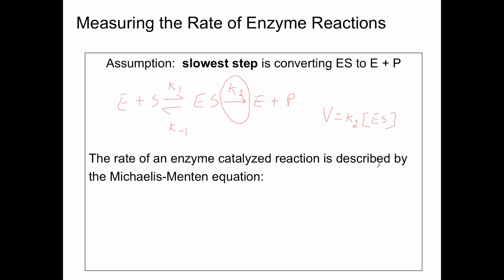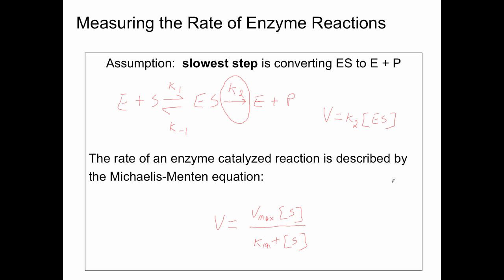When we take these into consideration, we get the Michaelis-Menten equation. V is equal to Vmax times substrate concentration over Km plus substrate concentration.